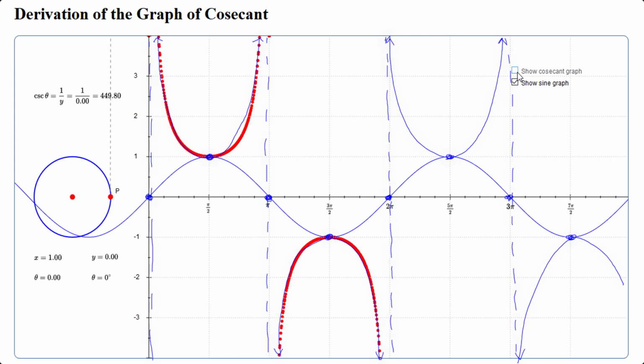And that's a pretty effective way of coming up with the graph of cosecant.